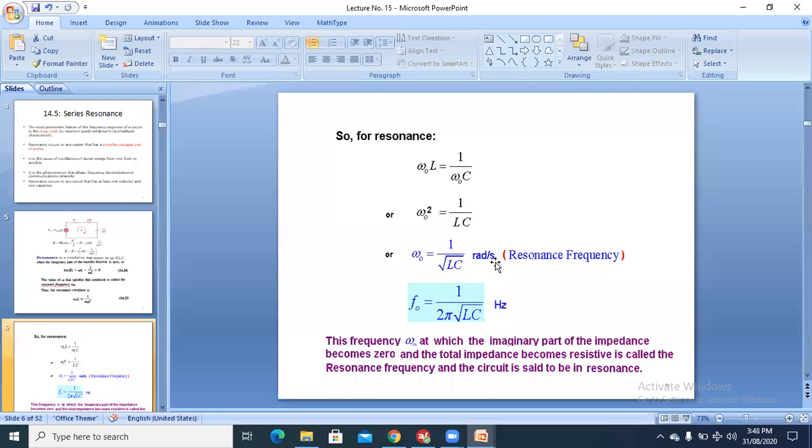So if we want to find the frequency in hertz, we can divide this by 2 pi, so we get the value of frequency in hertz.